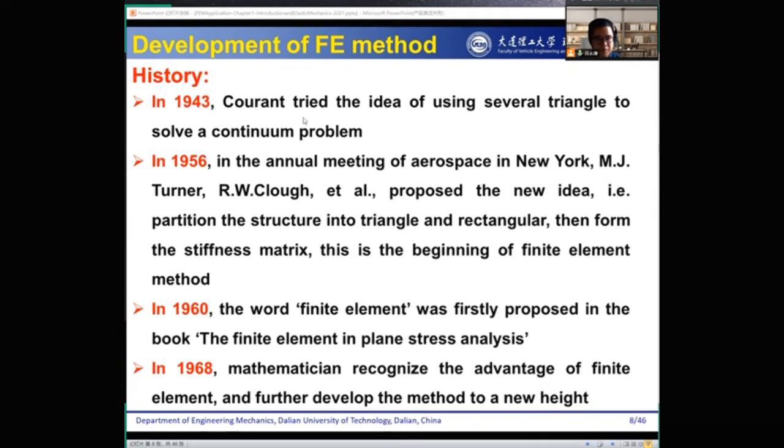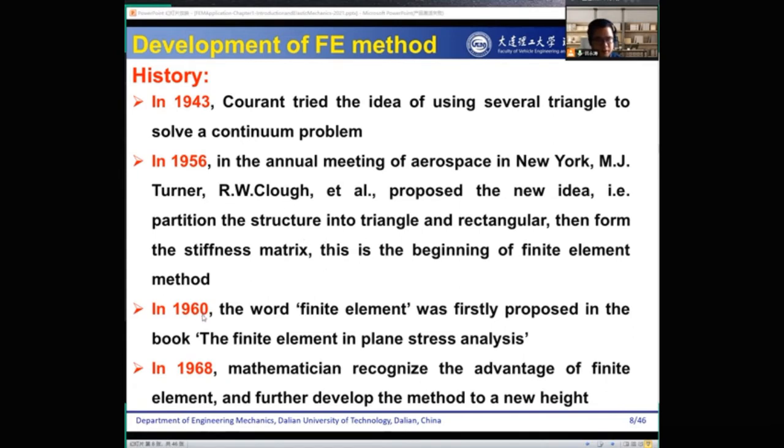Then in 1956, at an annual aerospace meeting, other scholars proposed a new idea, that is to partition the structure into triangular and rectangular elements, and then form the stiffness matrix. This is the beginning of the finite element method.